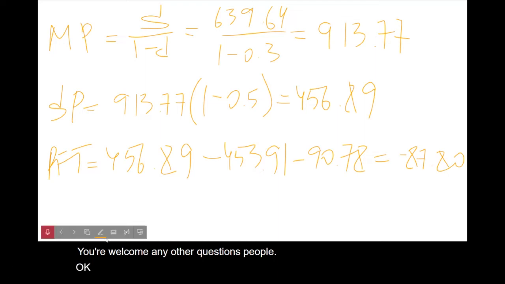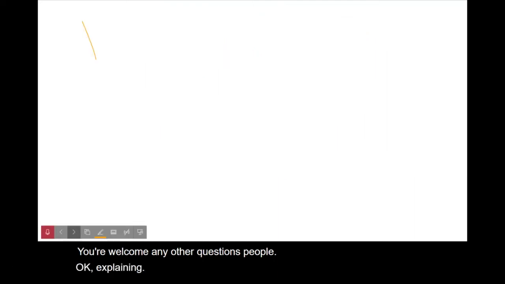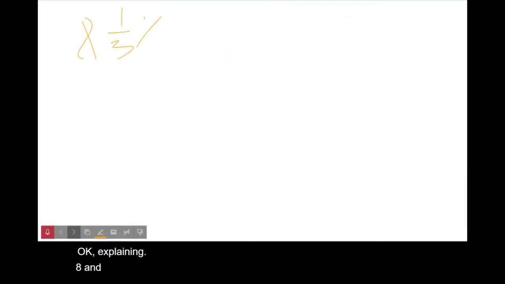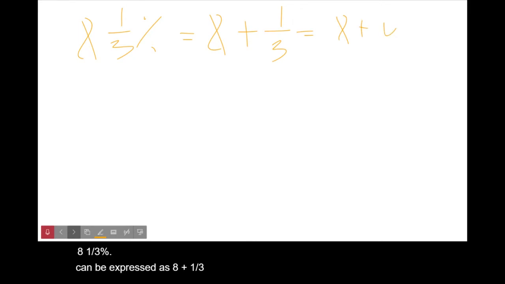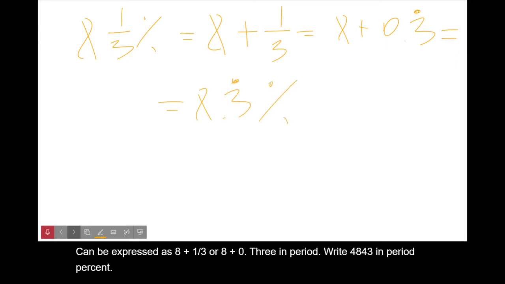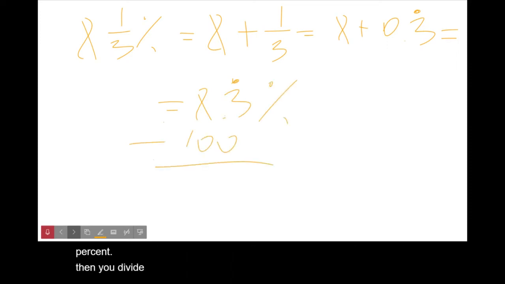Okay, explaining: 8 1/3% can be expressed as 8 plus 1/3, or 8 plus 0.3 repeating, right? Or 8.3 repeating percent. Then you divide by 100 and you have 0.083 repeating.